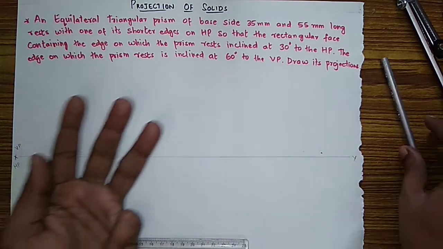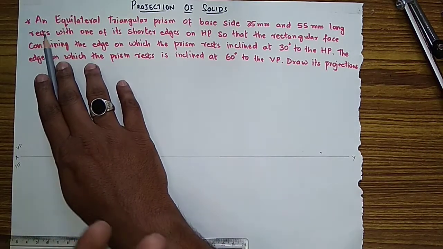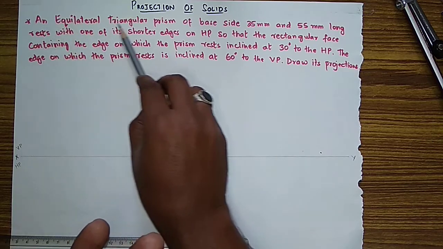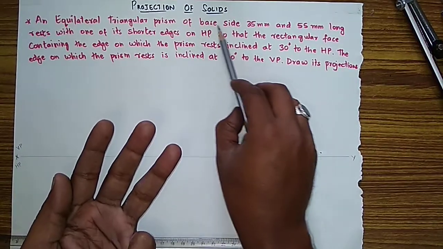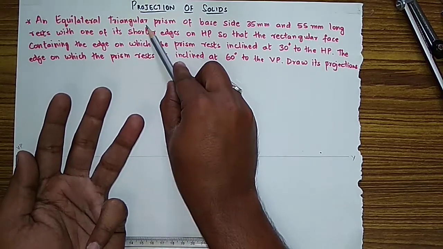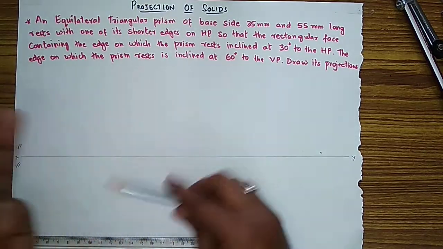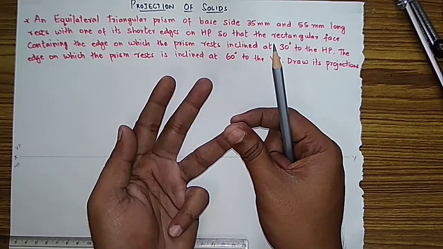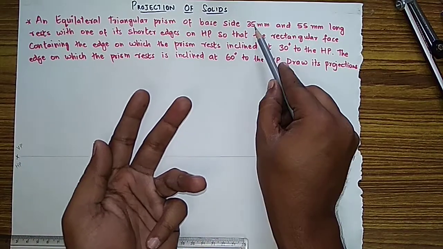According to the question, read the question carefully and do it. An equilateral triangular prism of base side 35 mm means which plane is it? Triangular. Triangular plane means you have to draw a triangle here, and the side means how much? Base side 35 mm.